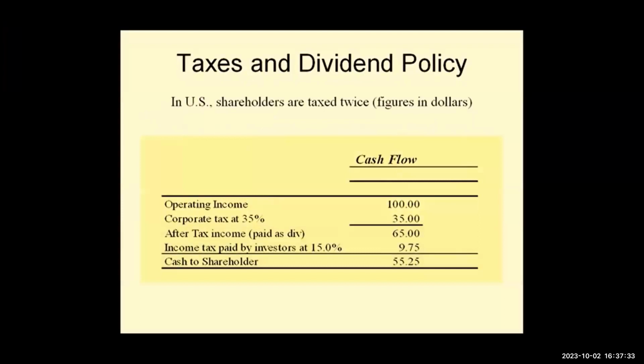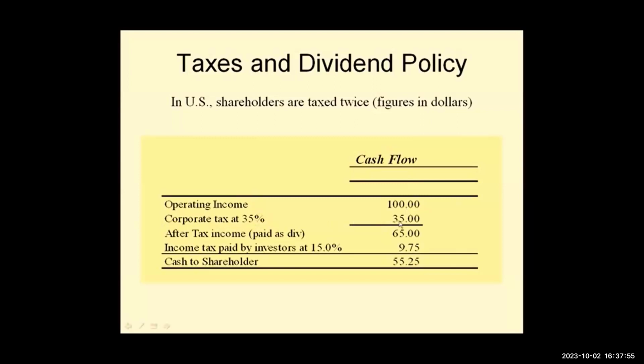Here's a public policy controversy. In the U.S., shareholders are taxed twice. Notice in the table here, let's say the firm has operating income of $100. Further, let's say that the firm has a corporate tax rate of 35%.